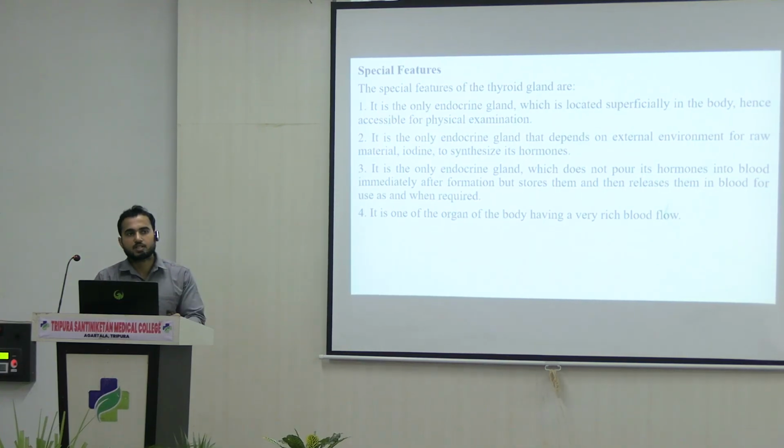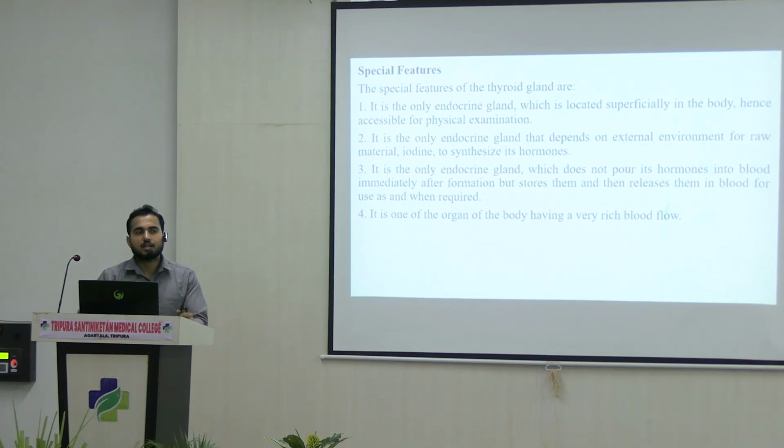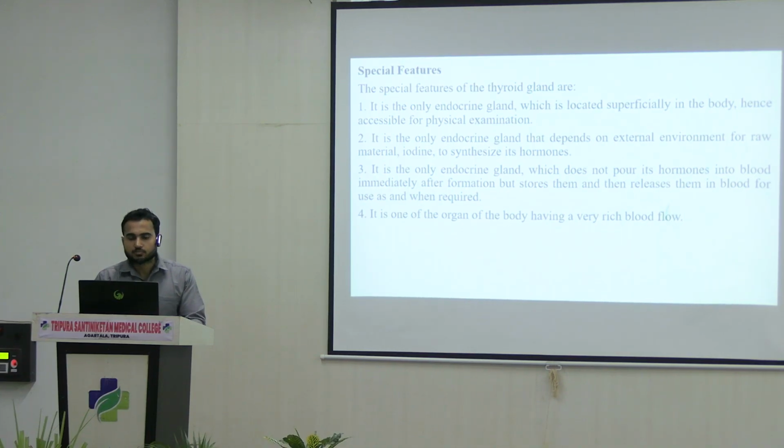That is also a special feature, or peculiarity, of this gland. Next, thyroid is the largest endocrine gland of our body, and as I said, it is placed superficially in the neck region so that it can be palpated easily, and it has a rich blood supply. So these are some unique features of the thyroid gland.